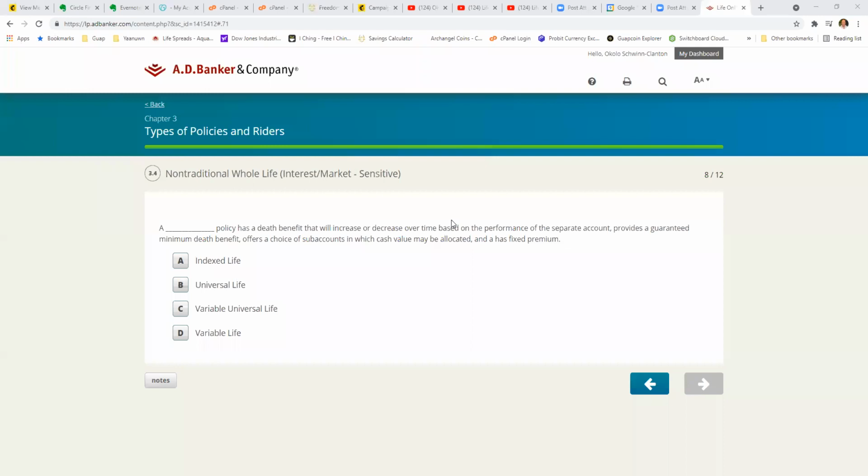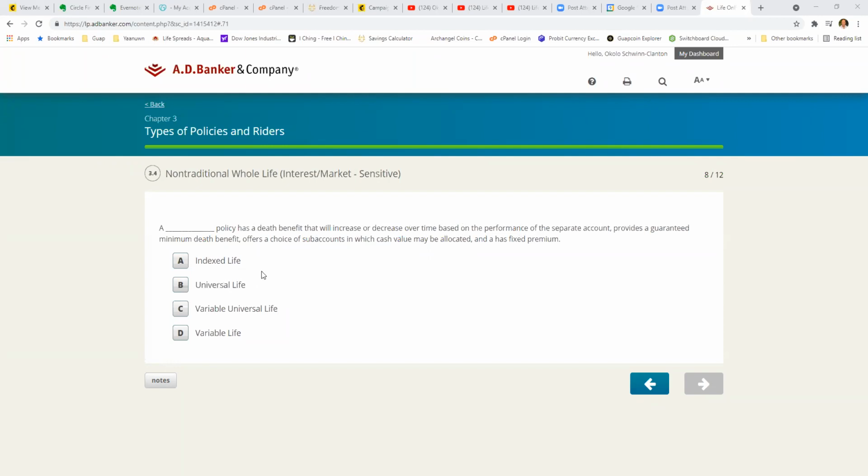I think they're using funny language here. Because if it's a sub-account, then I don't think it's the stock market. If it's a separate account, I don't think it's a variable account. My guess is it's a universal life.